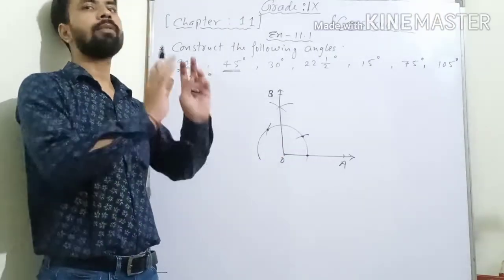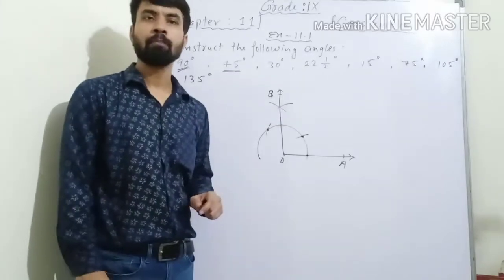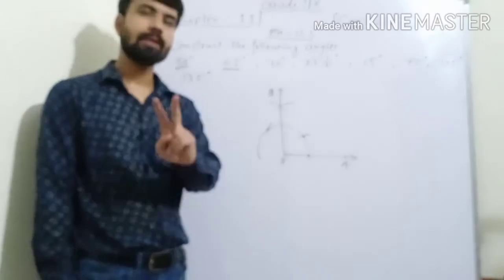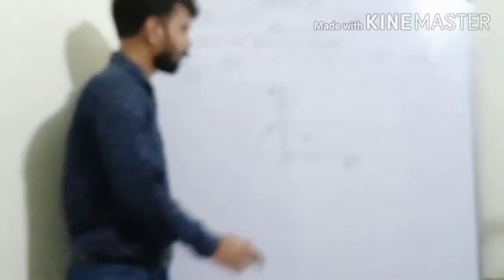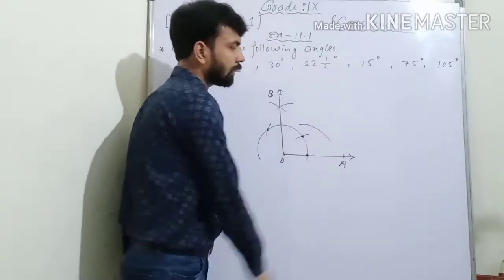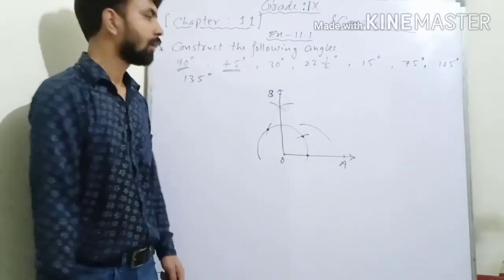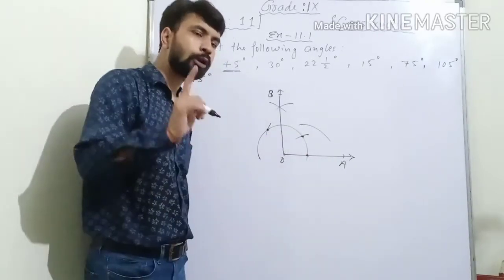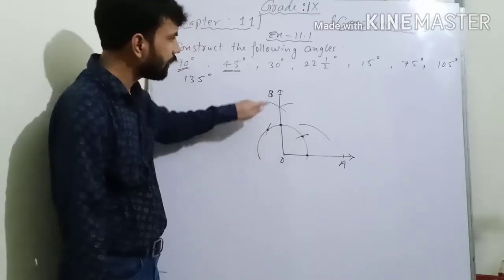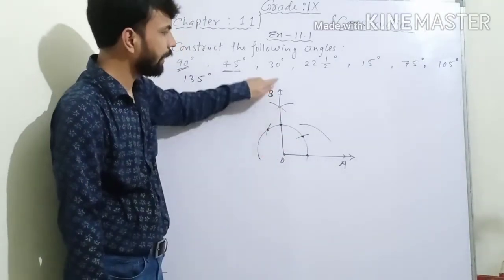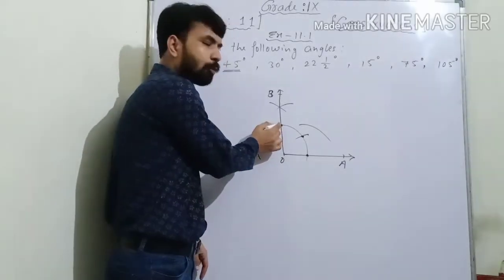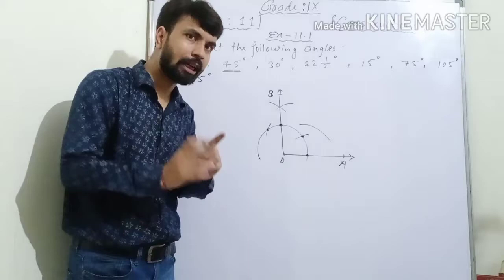Understood? Now what we will do? We will bisect this angle. So without changing the distance in your compass, whatever distance you have in your compass, keep it the same. Put your compass on this point and construct an arc like this. Now you have to put your compass on this point where the semicircle and the second ray of the 90 degree angle intersect. Pay more attention here.